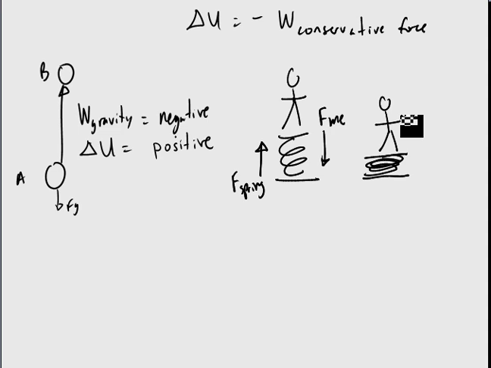So now we've also done work on the spring, right? And you can say that the work done by the spring is negative, again, because that force of the spring is going up, but we're actually pushing it down, which means that the change of potential energy is positive.